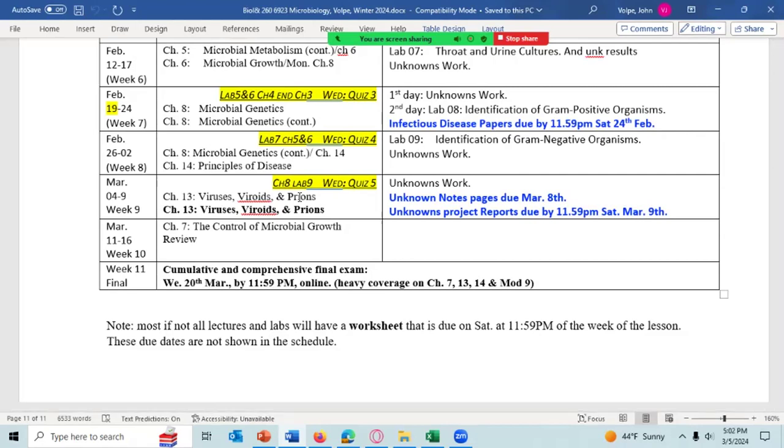It's going to cover chapter 8 and then lab 9. I'm going to try and work on getting lab 9 graded tonight. So probably not after the lecture, but maybe after the lab. Hopefully I'll have lab 9 graded. Any questions? If not, let's move on to chapter 14.